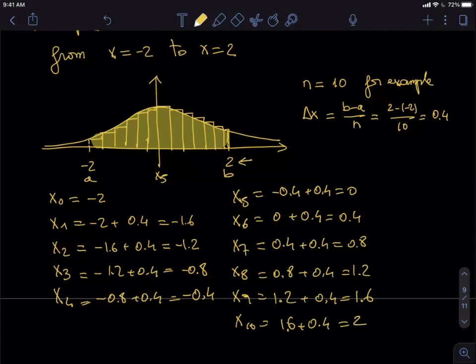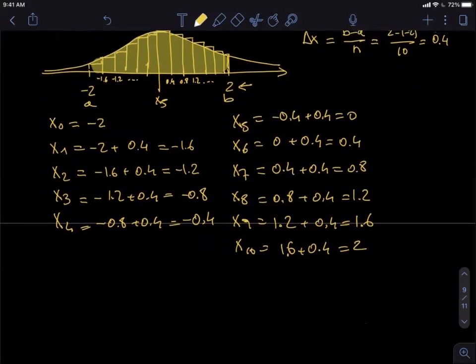So all good. Remember in the previous video, we said that instead of memorizing the formulas, we just compute that on the spot. That's what we did here. So for example, this would be -1.6, -1.2, and so on. And then we have 0.4, 0.8, 1.2, and so on, okay? So that's how we find the points.